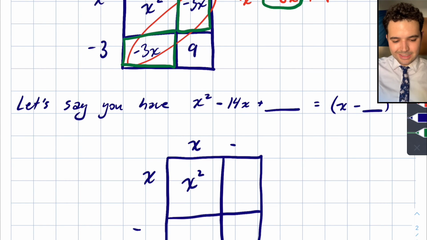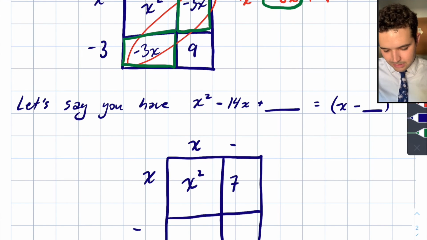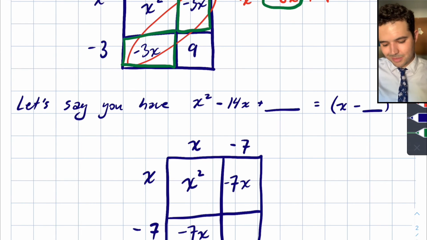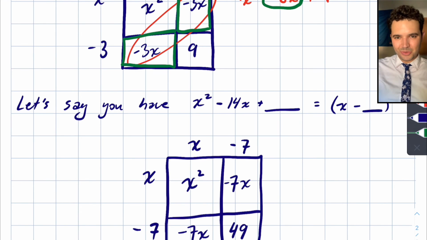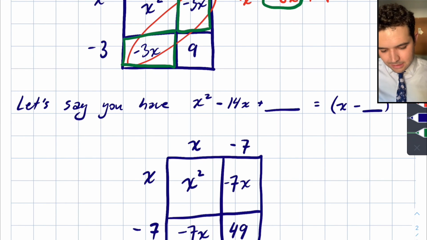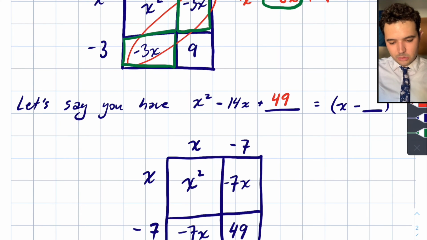Well, that 14x splits equally into minus 7x and minus 7x, which means that the top two bits must be minus 7, so our total down in the bottom corner is 49. Now I hope this feels like it's making way more sense, because now we can see that we're adding 49 to complete that square, which means inside the perfect square binomial, we have x minus 7.